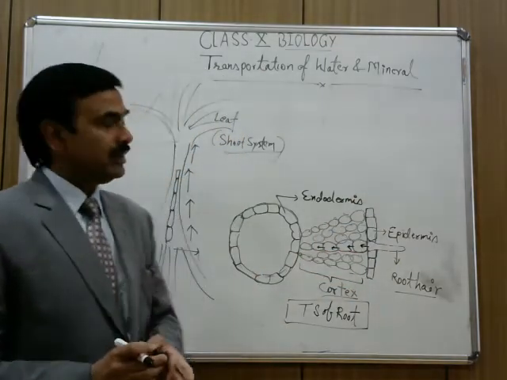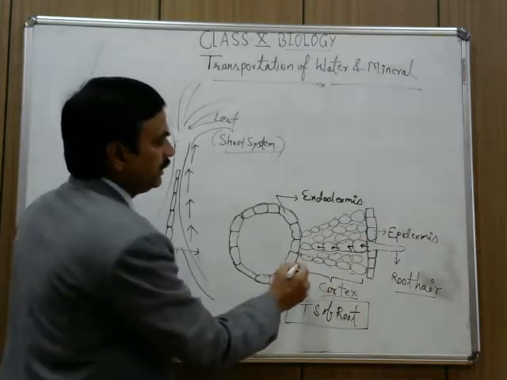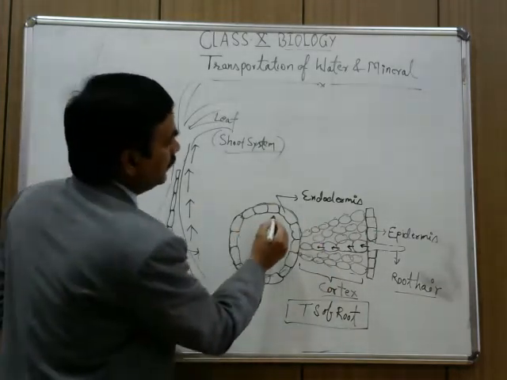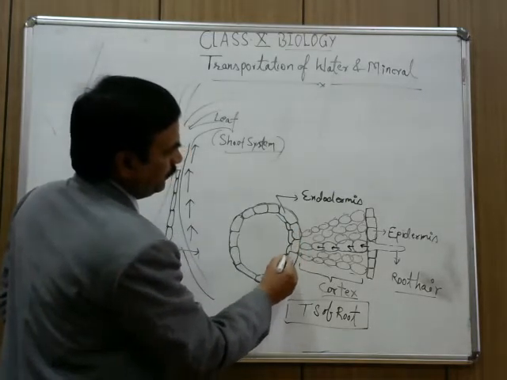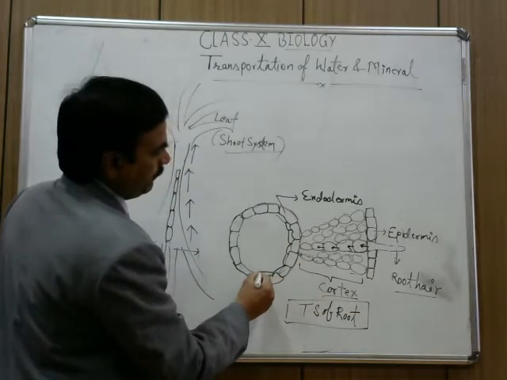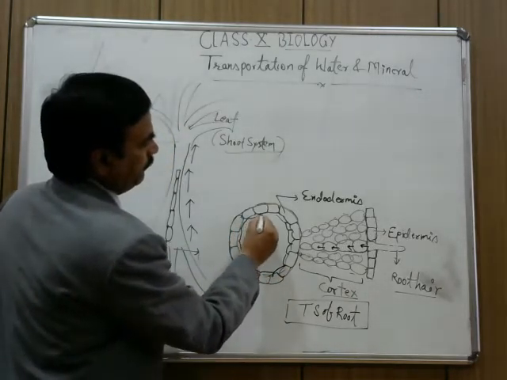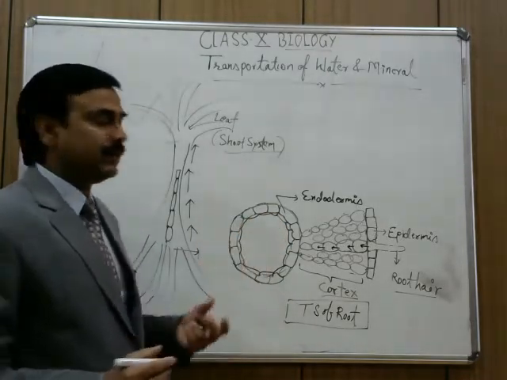So try to understand: the external part, the epidermis, then the cortex region, then this single-layer endodermis. Then the inner part is there, the pericycle and pith, etc.